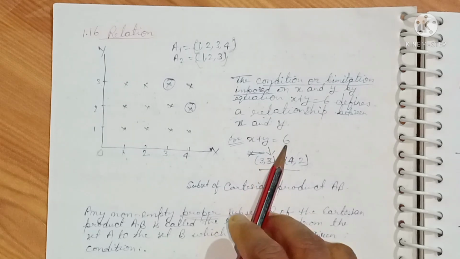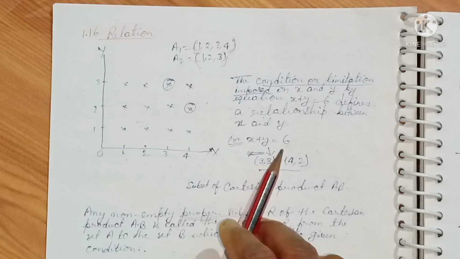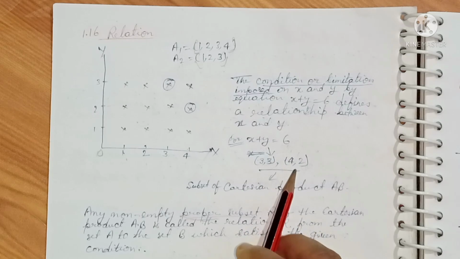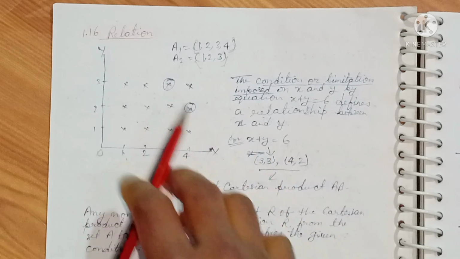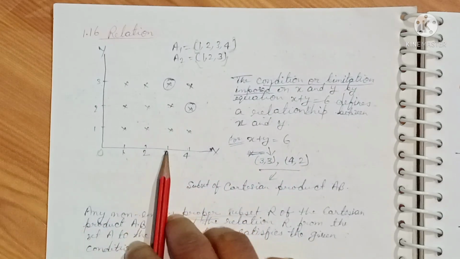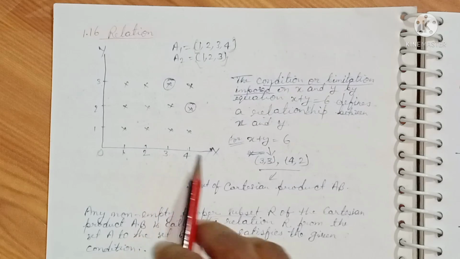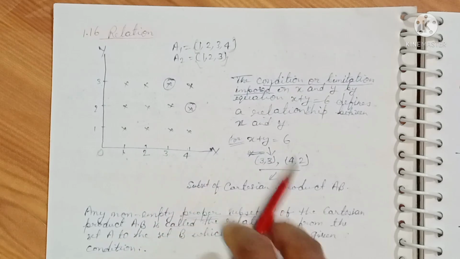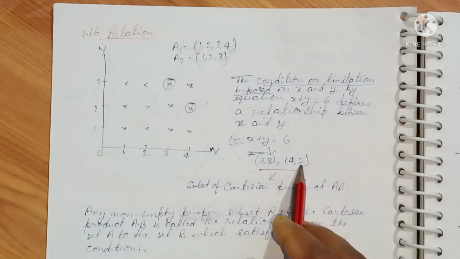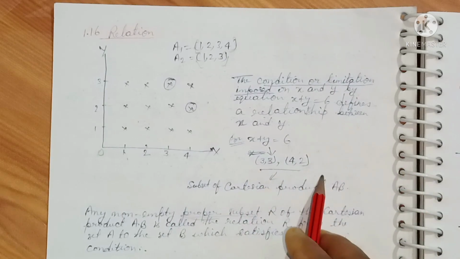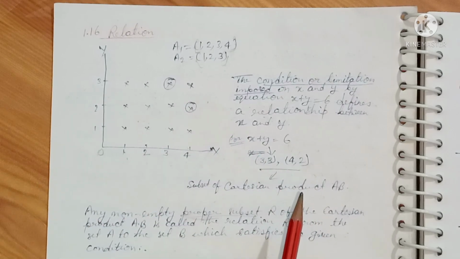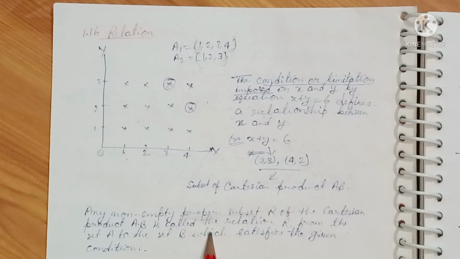This condition gives us two results, 3 comma 3 and 4 comma 2, and these two pairs are a proper subset of the given Cartesian product. So that's why this is a type of relation.